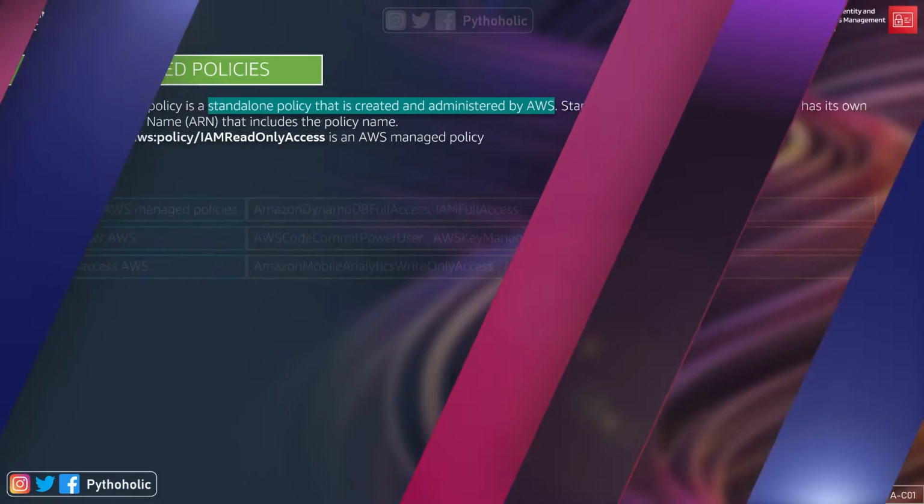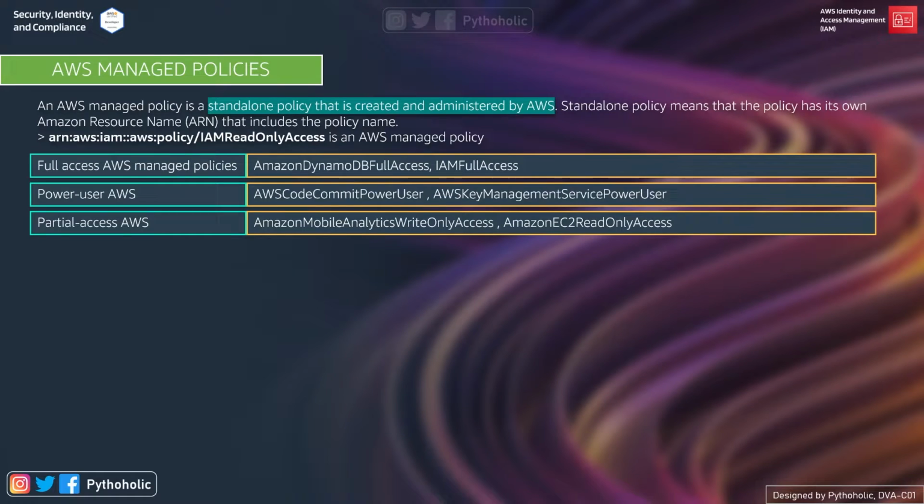Let's move on. Now let's talk about AWS managed policies. As I have rightly quoted AWS here, an AWS managed policy is a standalone policy that is created and administered by AWS. Remember this line very carefully. These managed policies that we see here are created and administered by AWS itself. And as I told you, an AWS managed policy is a standalone policy.